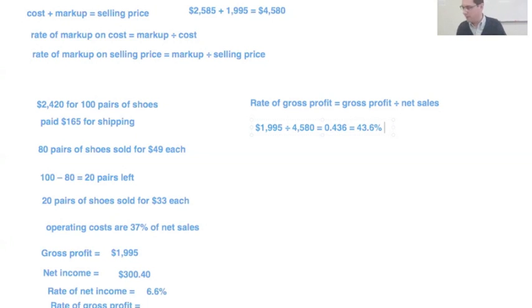Check the textbook, see if I made a fool of myself. Nope, I'm right, yay! So that's the rate of gross profit. Very important, notice that we're always dividing by net sales. We're always dividing by the total amount of money received after any returns are accounted for from the sale of the product.